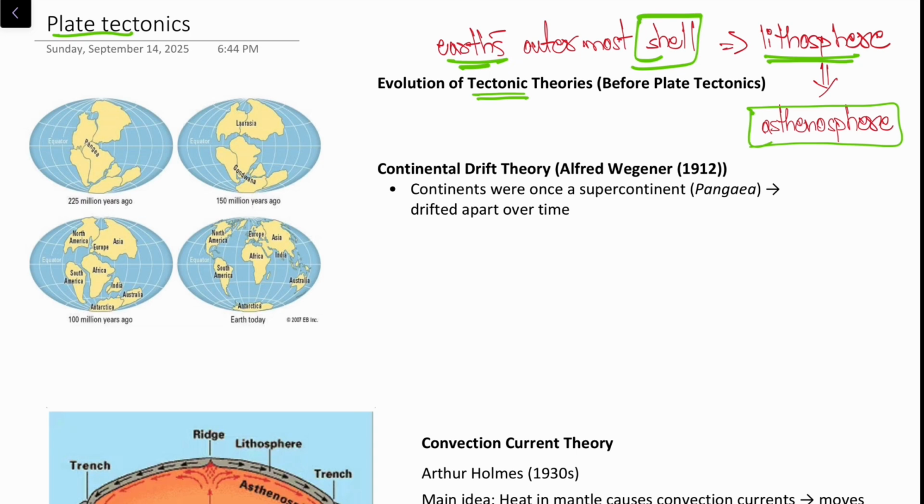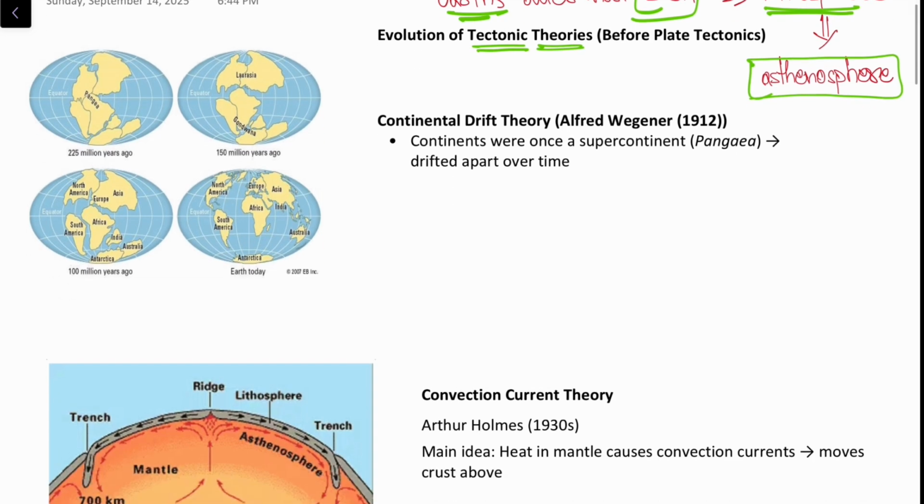So before coming to the plate tectonics theory, there are various theories that led to its development. The first one is the continental drift theory, proposed by Alfred Wegener. The main idea behind this theory is that the continents are not static, they are dynamic in nature.